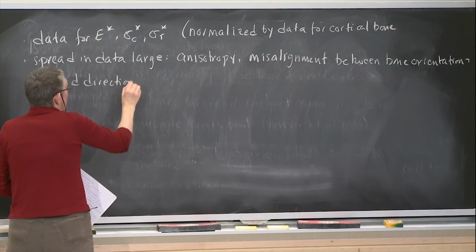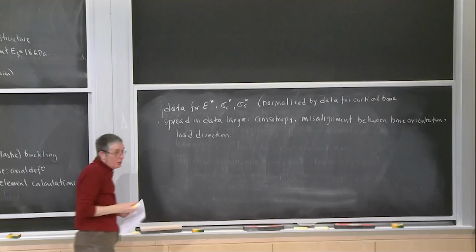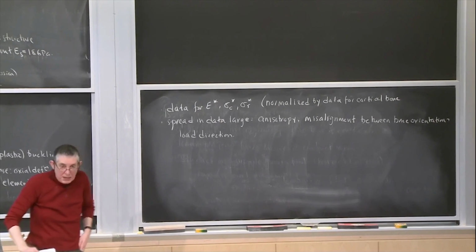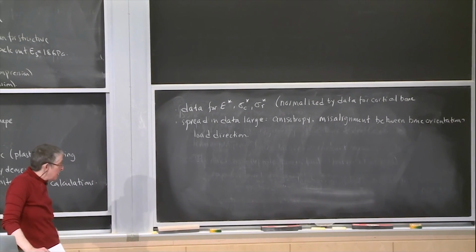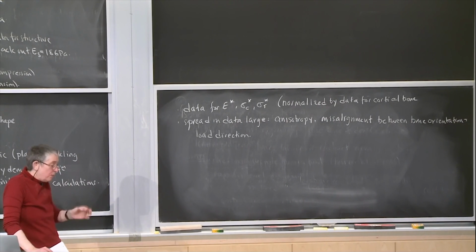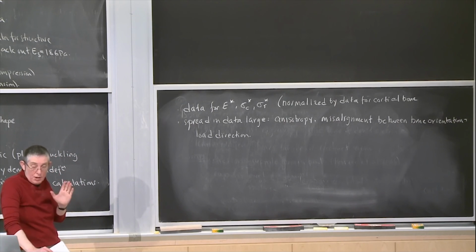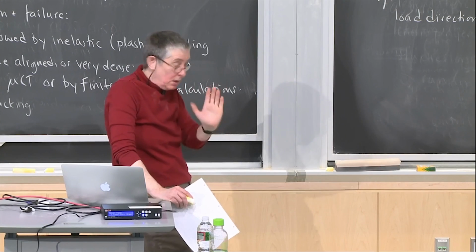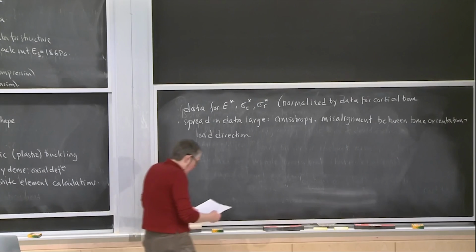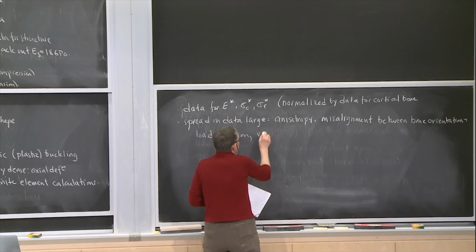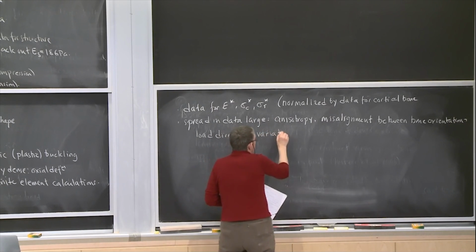When people first started doing tests on trabecular bone, they typically were orthopedics labs, and the orthopedics labs tended to initially cut the bone specimens on anatomical axes. So they would do the superior inferior, or the medial lateral, or the posterior anterior, but the bone orientation didn't line up with those directions. So the bone might have been oriented this way, but they were loading it this way, and that gave this misalignment. Then there could be some variation in the solid properties too.